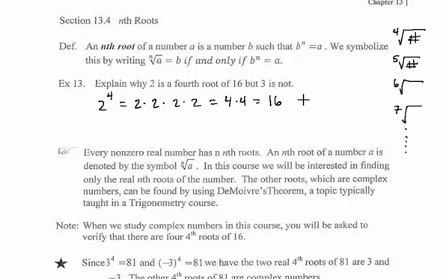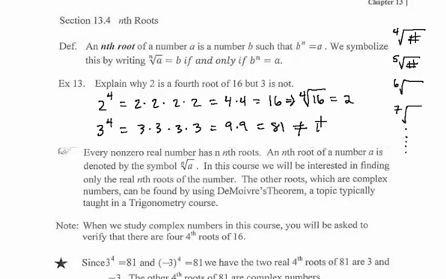So the 4th root of 16 equals 2. 3 is not the 4th root, because if we raise 3 to the 4th power, each pair of 3's would be a 9, and a 9 times a 9 is an 81, and that does not equal the radicand of the 4th root of 16. Okay, 81 is not 16, so 3 is not the 4th root.